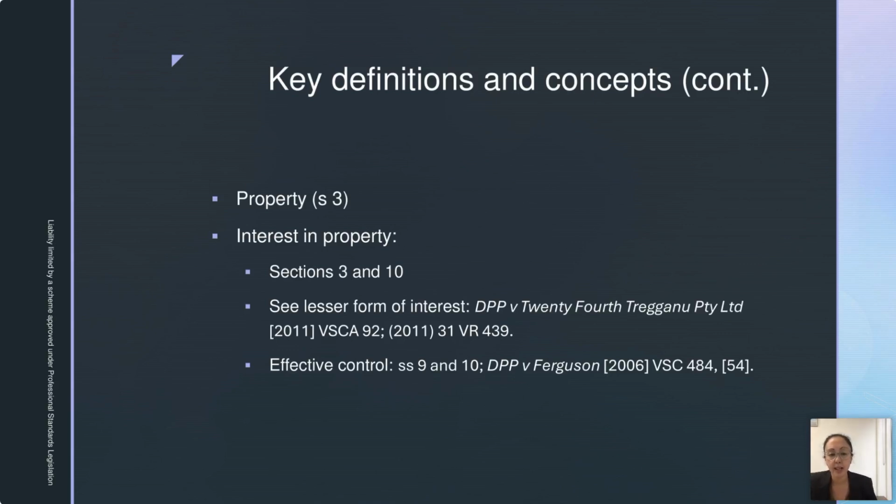So that means the importance of looking at what the lesser form of interest encapsulates. And a good reminder to us practitioners is that a client may not have a true legal or equitable interest in the property, but they might fall within the scope of this lesser form of interest.